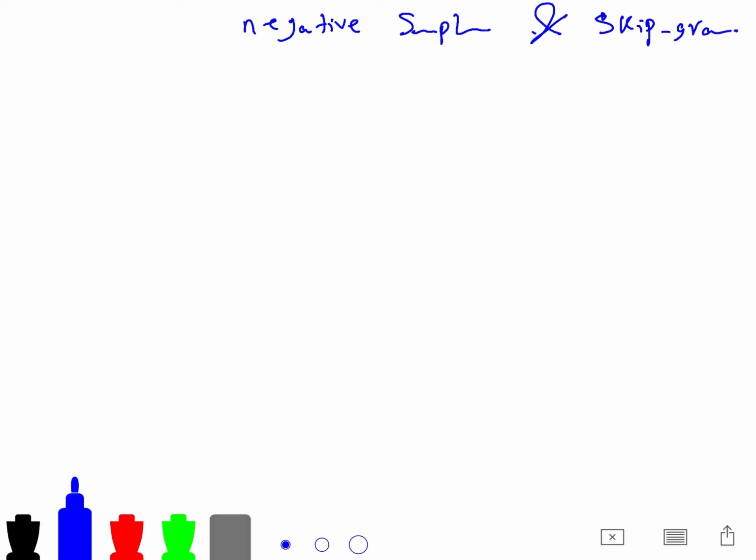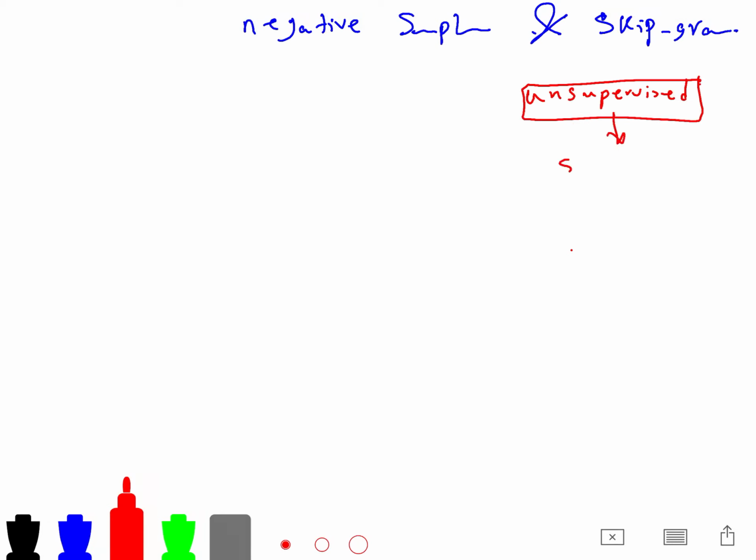What you want to do is turn an unsupervised problem into a supervised problem. If you understand this, then that's it. You know why we are doing this.